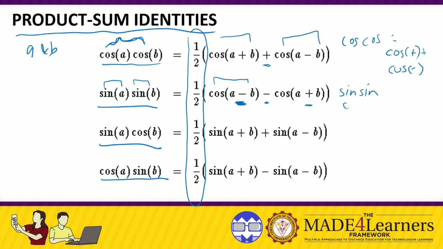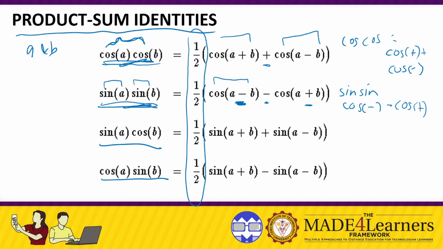For sin sin, it's still cos and cos, but it's minus cos plus. So take note, for cos cos and sin sin, if the factors are the same, the resulting identity is cosine.